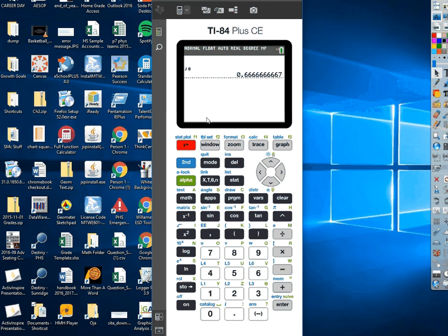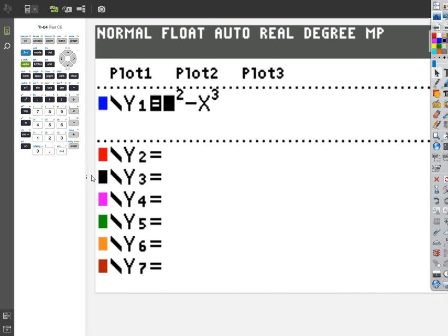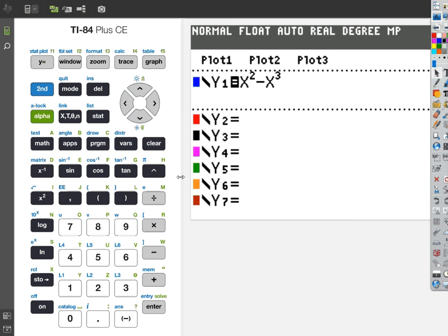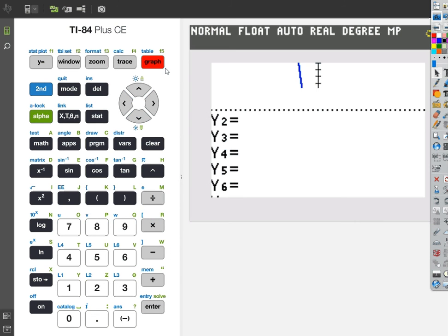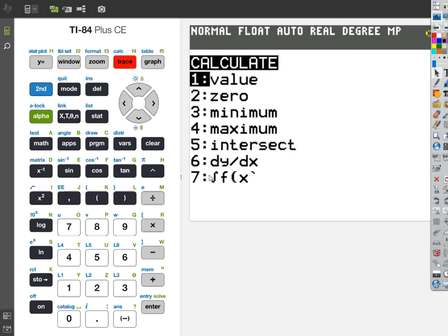Here's the graphical way. If I want to graph this function and add up the area, what do we do? Second calc, if I go 7, that's how I add up the area.